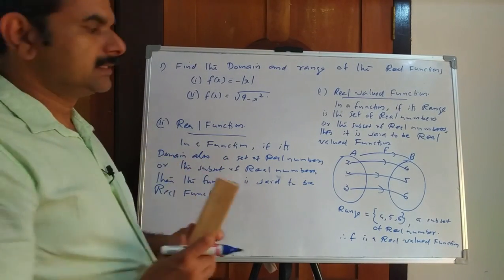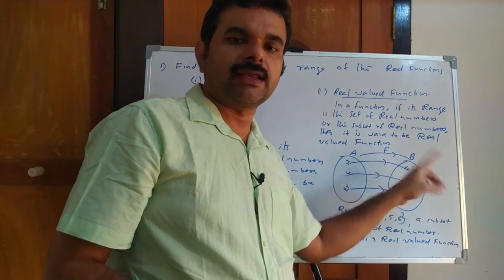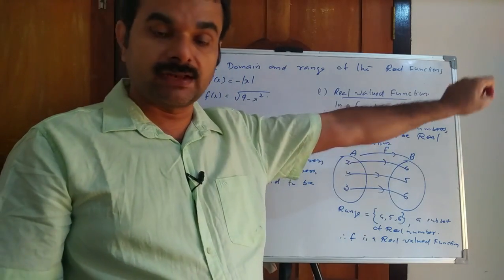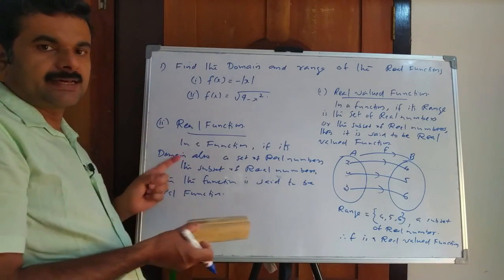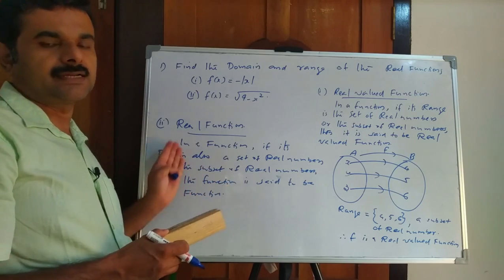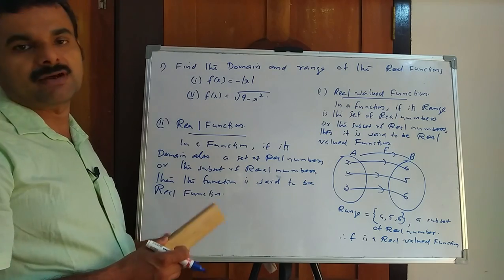So here, if the range is the set of real numbers or a subset of real numbers, that is called a real valued function. And here, if range and domain are also a set of real numbers or a subset of real numbers, that is called a real function.